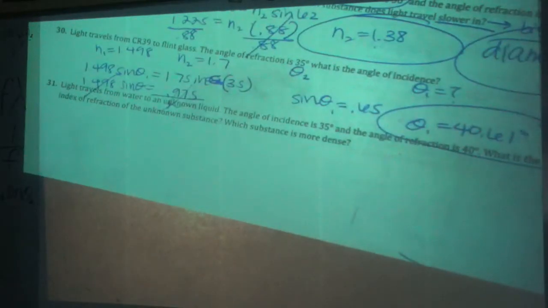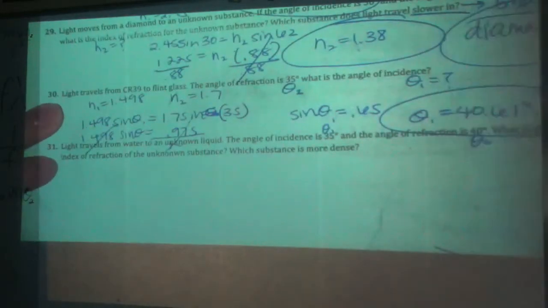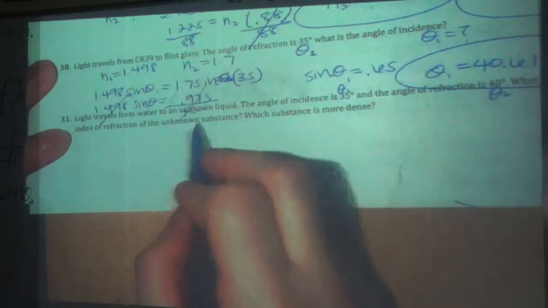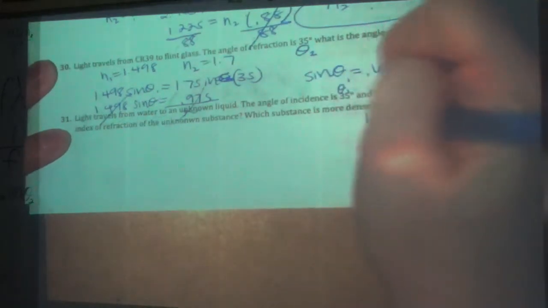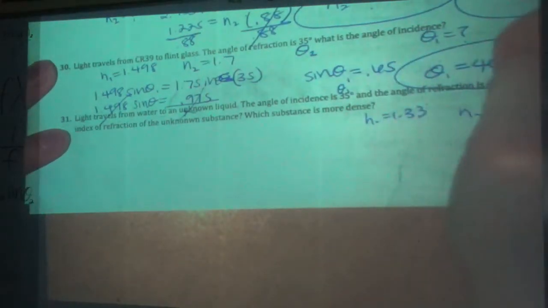Light travels from water to an unknown liquid. The angle of incidence, so that's angle 1, and the angle of refraction, angle 2. What is the index of refraction? So it's going from water, so N1 is 1.33, and I'm looking for N2. So 1.33 sine of 35 equals N2 sine of 40.